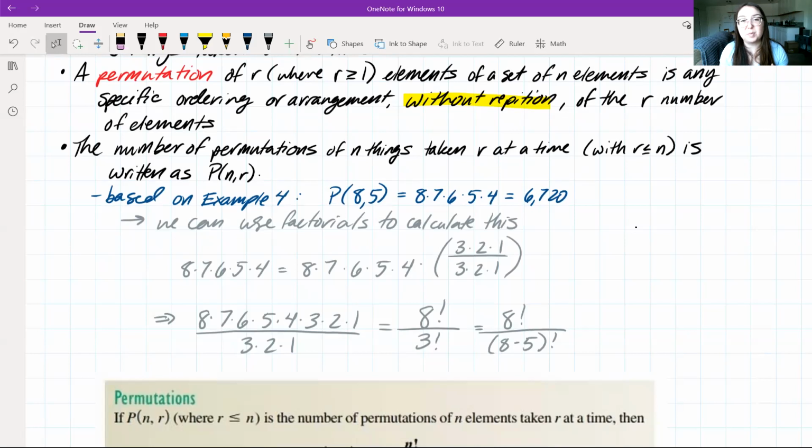This means that when we multiply it all together, we end up getting 8 times 7 times 6 times 5 times 4 times 3 times 2 times 1 divided by 3 times 2 times 1.